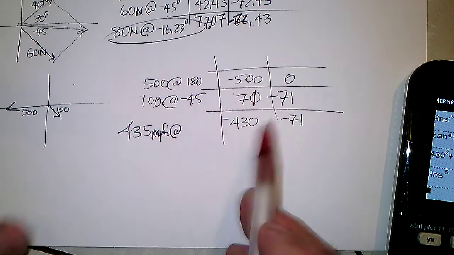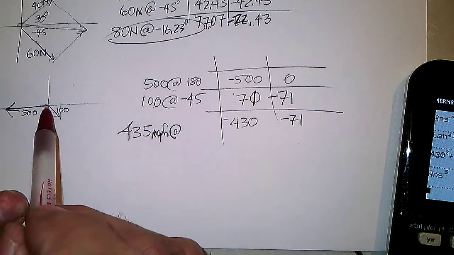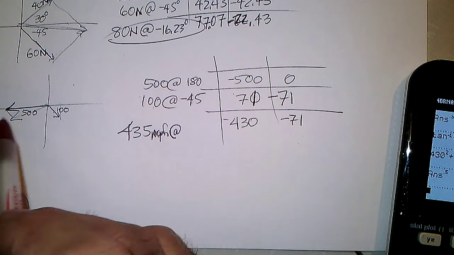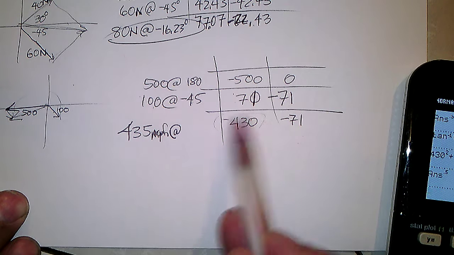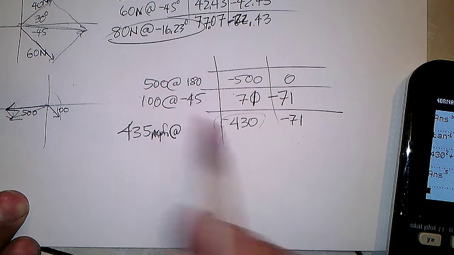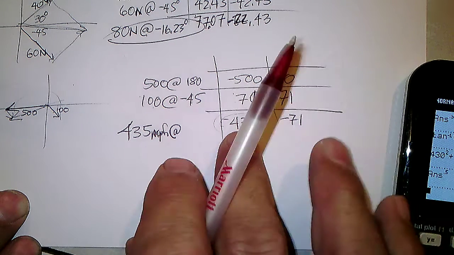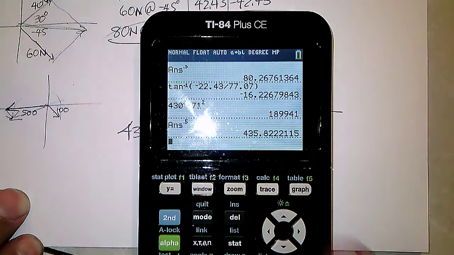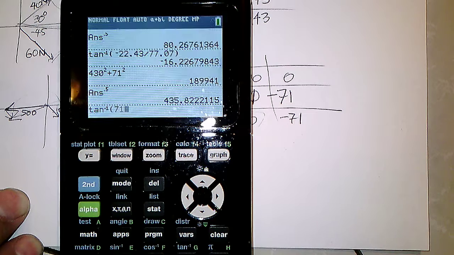And to get the angle, see, if the plane's flying this way, the wind's going this way, it would be over here that it would be going. And so that's on negative here. So I'm going to have to add 180 to whatever the inverse tangent gets me. This is going to be negative 71 over negative 430, so the negatives are going to cancel out. I'm going to do tangent inverse of 71 divided by 430.